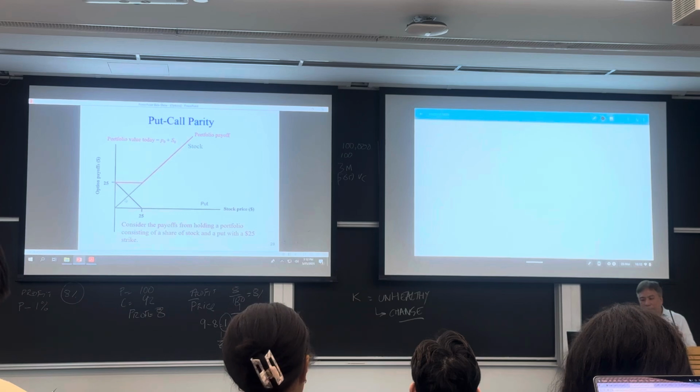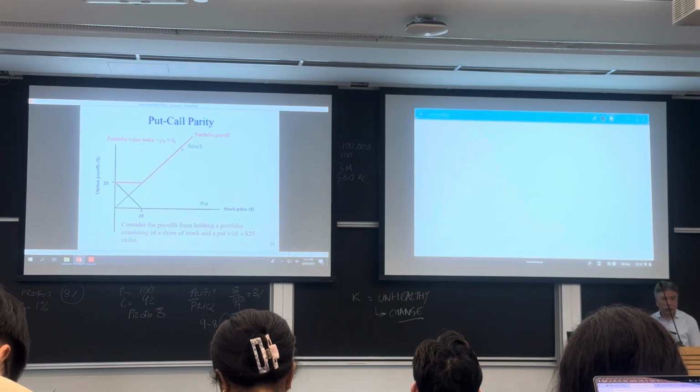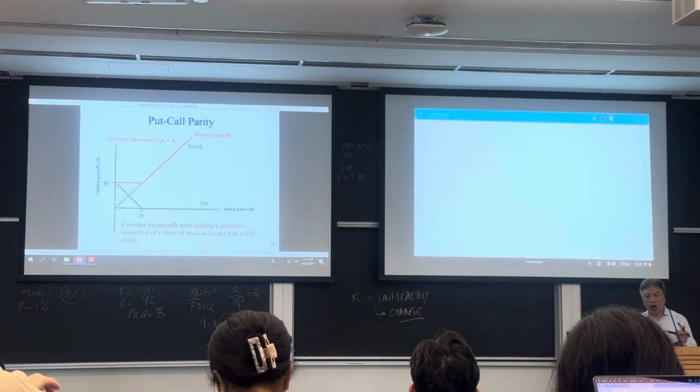Now, the green line all the way up is the payoff if you own a stock. So when you have this portfolio, your payoff will be the sum of the two. That is, you add the black line and the green line vertically, and you should get the red line.